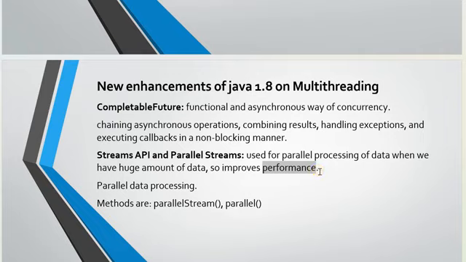As I said, if we have a small amount of data, there is no use of multi-threading because the time will be less anyway. But when we process a huge amount of data, time is a concern, so to reduce the processing time we use this.